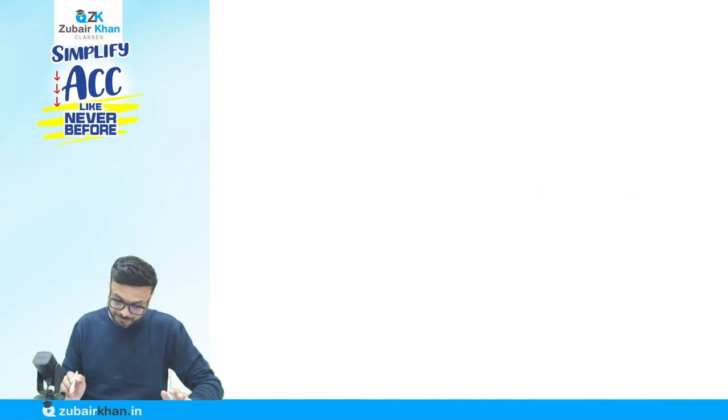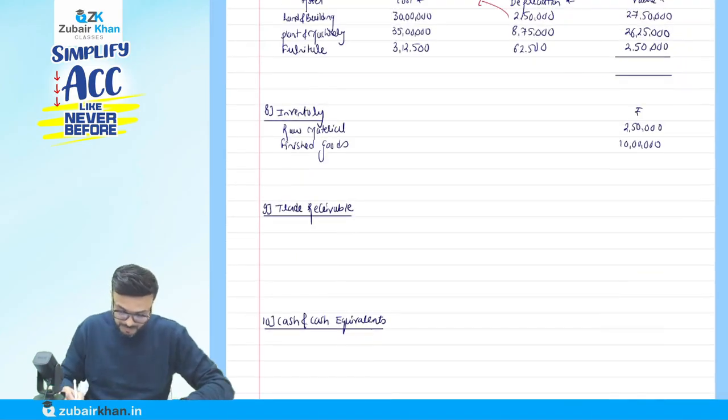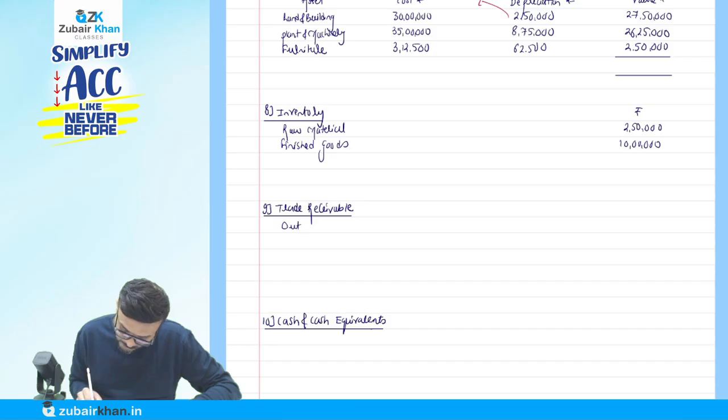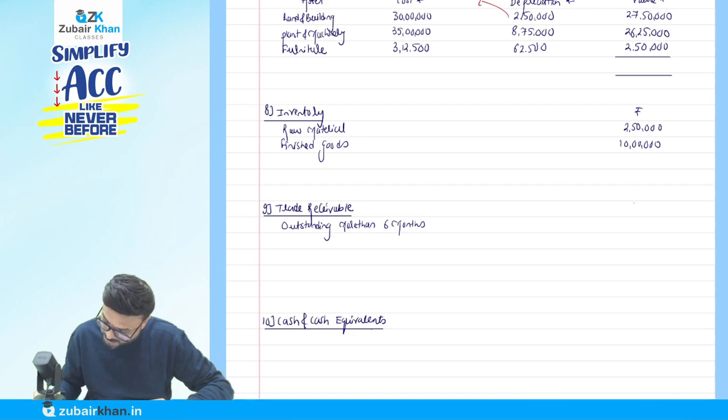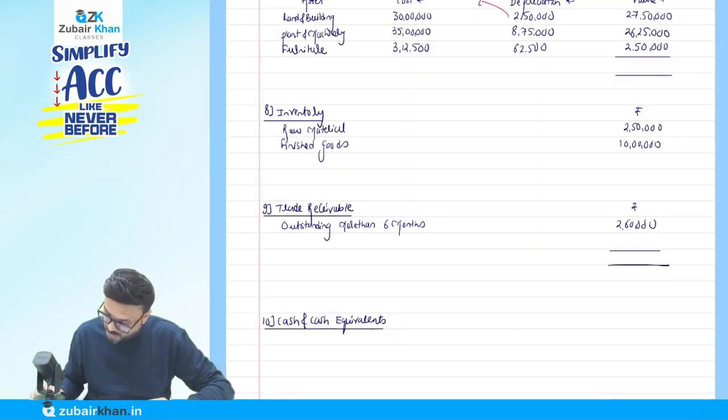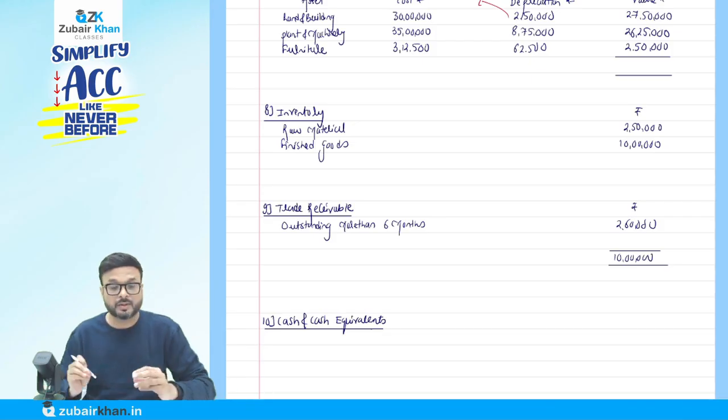Now go to trade receivable. Write down there notes to account number 9. Outstanding more than 6 months, how much is mentioned? 2,60,000. But when I see the total in trial, how much is the total? 10 lakh. So the remaining will show as other.